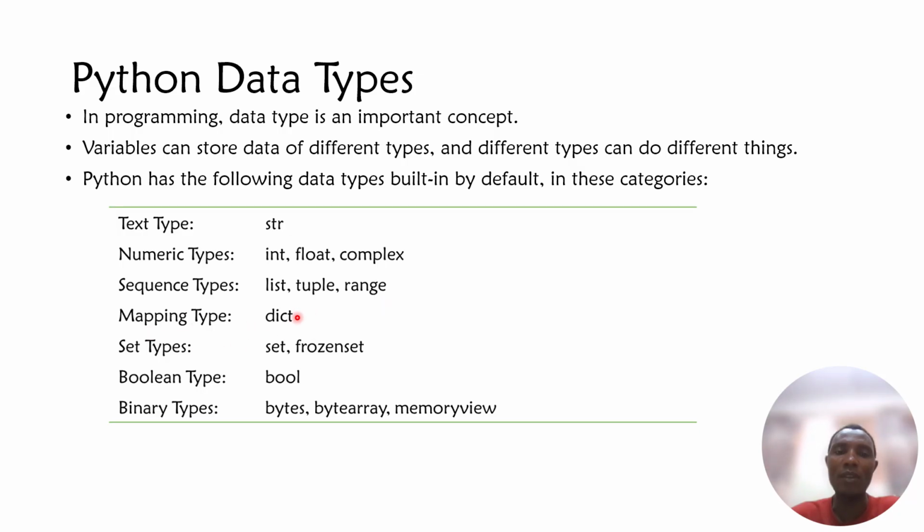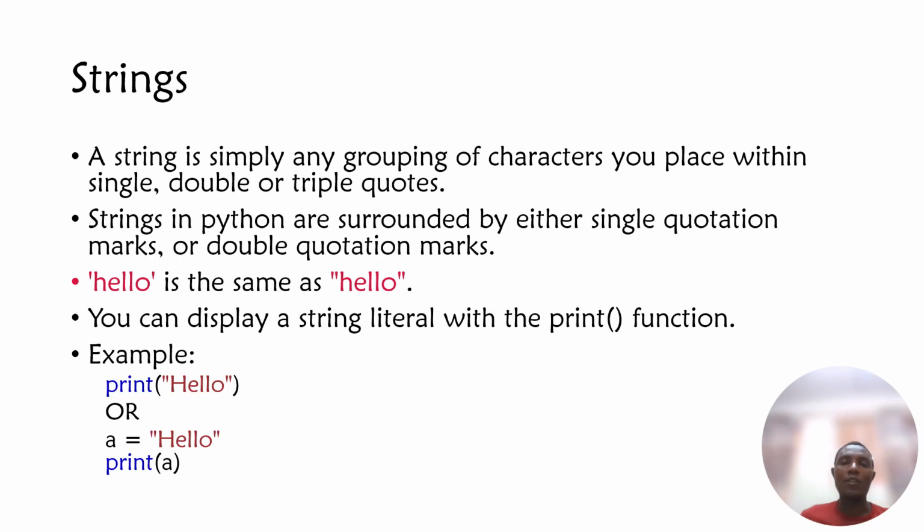Mapping type, we have got a dictionary, but it's known as dict. Set types, we have got set, frozenset, as it is in mathematics. We have got boolean, bool, where we are looking at true or false. Binary types, we are looking at bytes, byte array, memory view. These are some of the data types that we'll discuss.